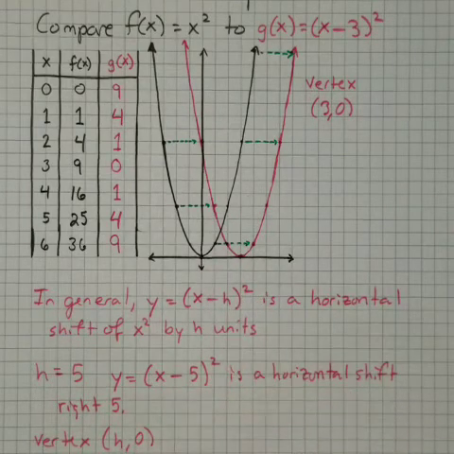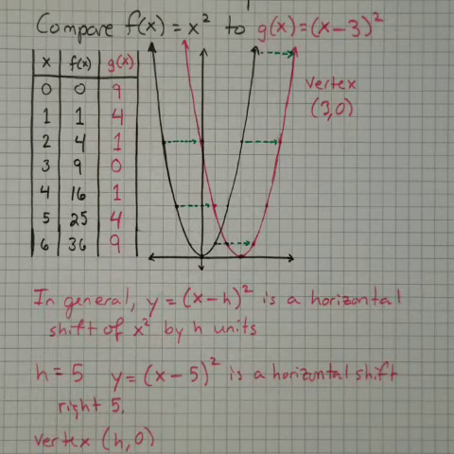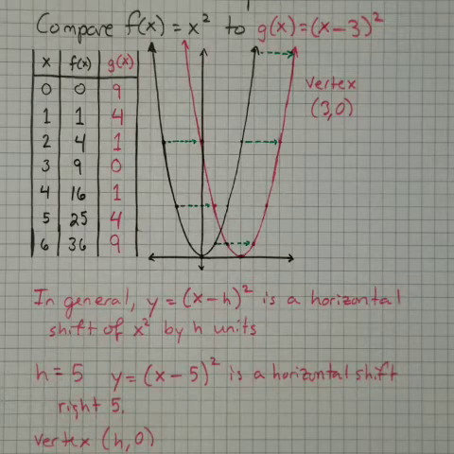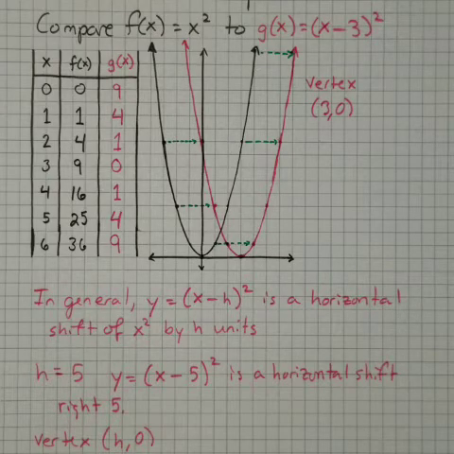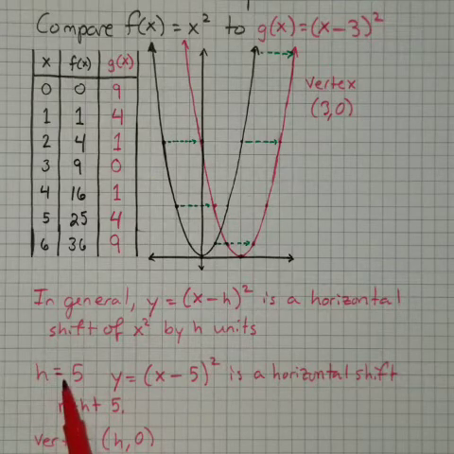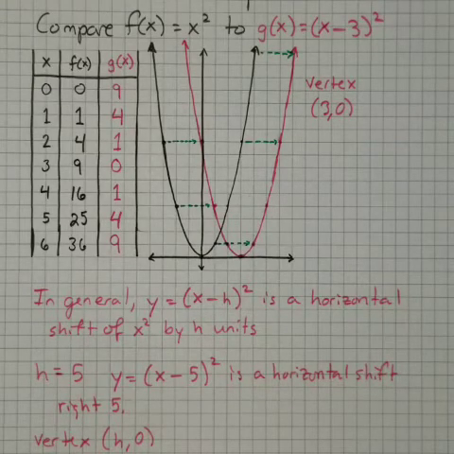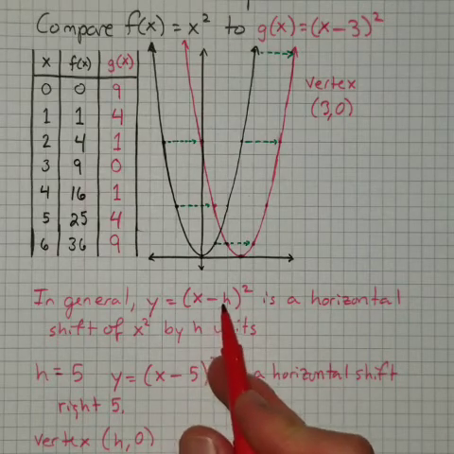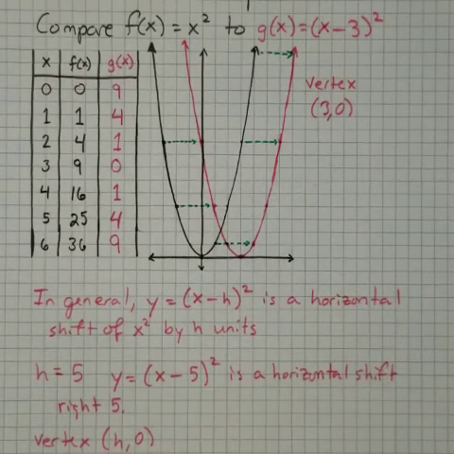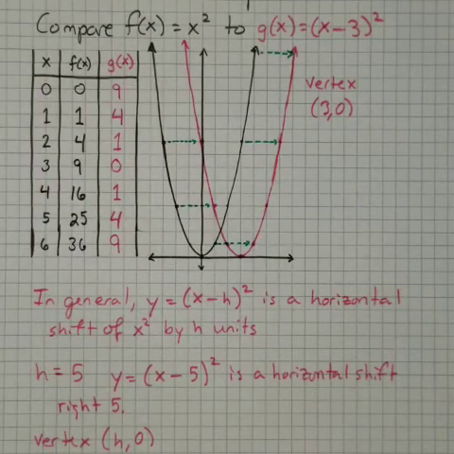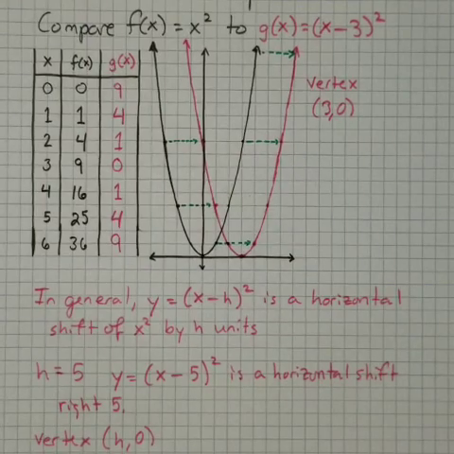So you just add the h to the 0. The other thing to keep in mind is that you can get a left shift by making this negative. So if h equals negative 7, then y equals (x minus negative 7) squared. Now it would be a minus negative 7, which changes the sign to a plus. That is a shift left 7.